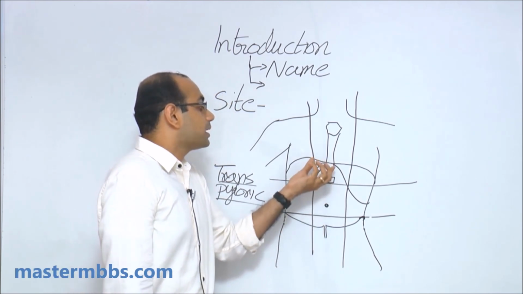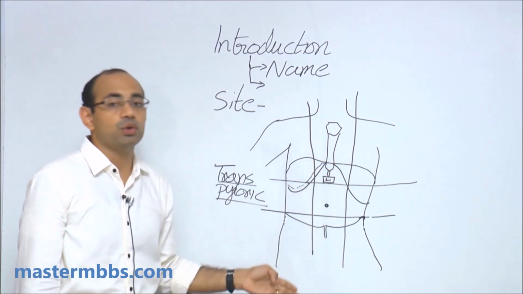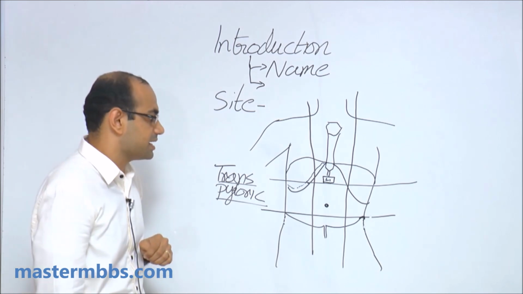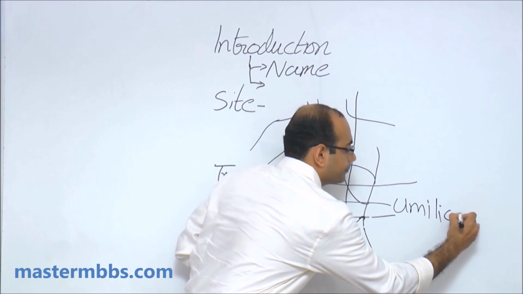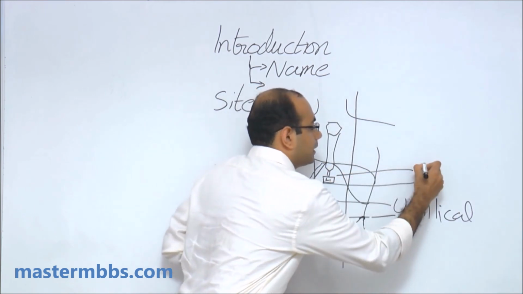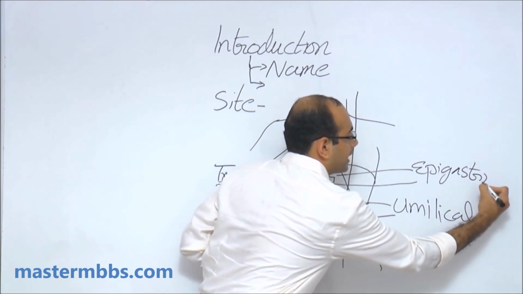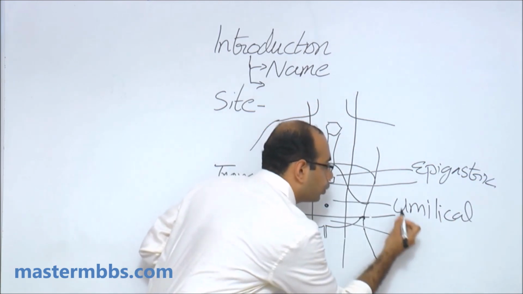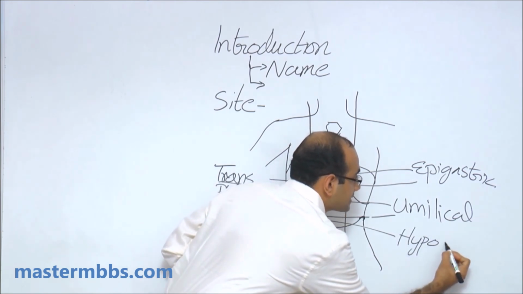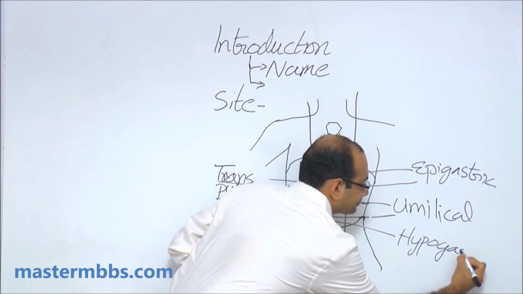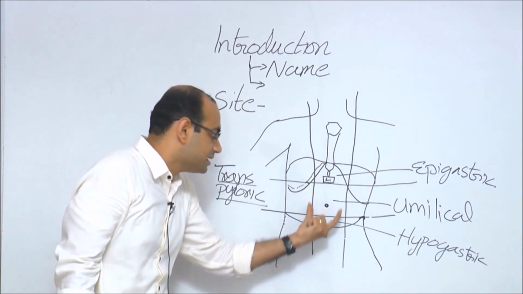Now above this you call it the epigastric region, and below it you call it the hypogastric region. Hypo means always below or less. Now these are the 3 regions which are seen in the middle.